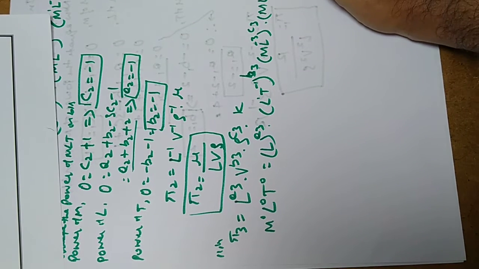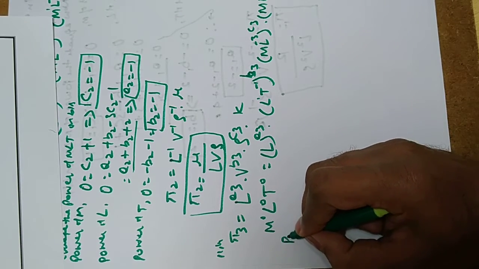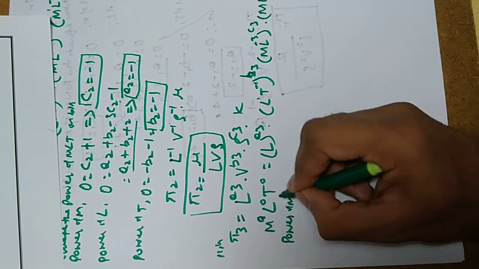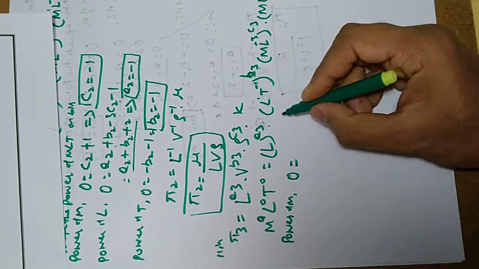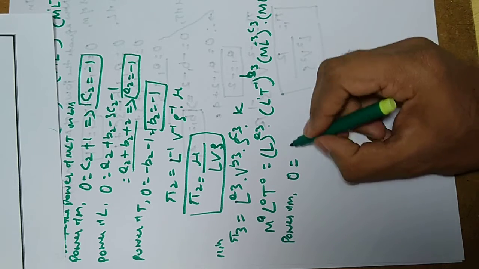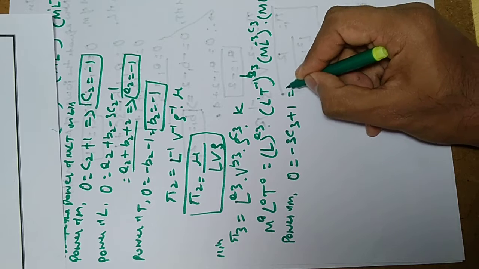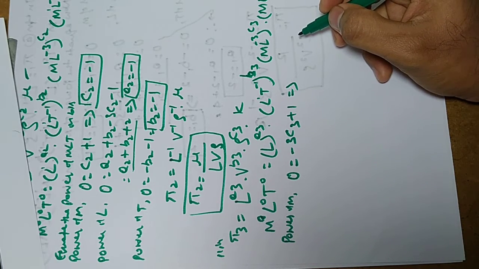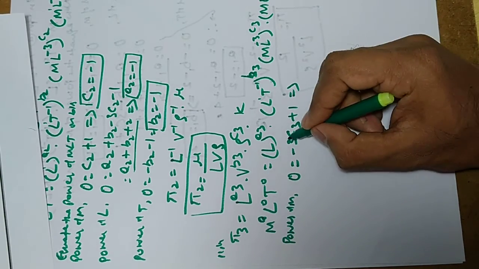Now equate the power of m, l, t on both sides. First, I will equate the power of m. m to the power of 0 on the left hand side. Wait, not minus 3, sorry, plus 1.